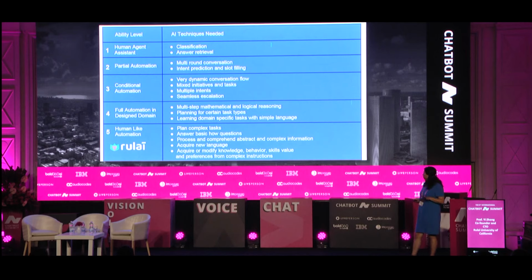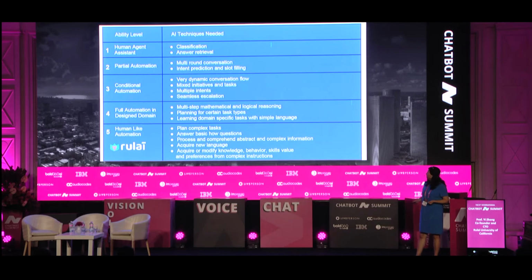The virtual assistant also needs to process and comprehend abstract and complex information, and to acquire new language and learn using that new language, and to interact with humans to acquire knowledge, behavior patterns, or skill, value and preferences like normal humans do. So that's level 5 human automation.